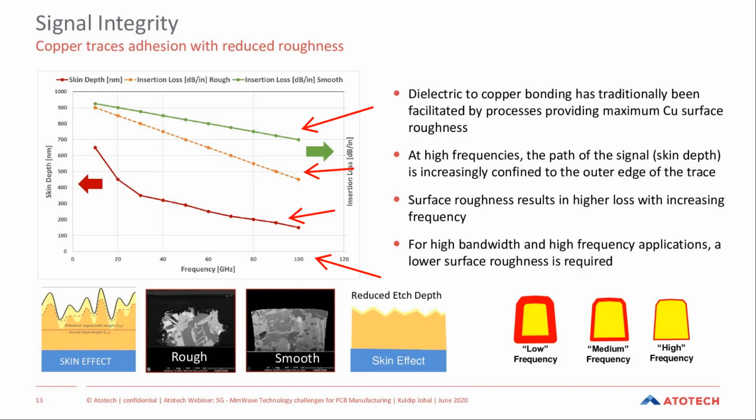As the illustrations below show, trace roughness has traditionally been used to get good adhesion of the trace to the dielectric. And this now shows what we have to do to move to this. The relationship shows how the signal moves from a low frequency to a high frequency. So this is a key area.